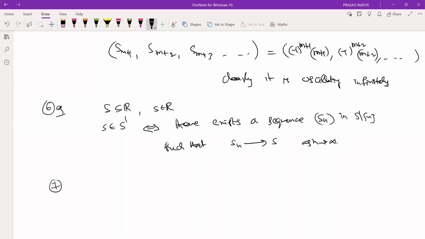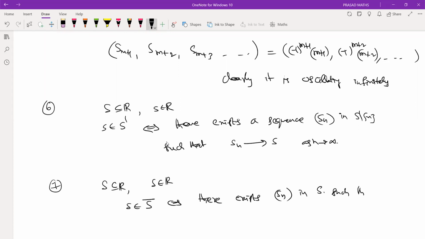Right? Seventh one. Suppose S is a subset of R, and x is a point in R. x is in the closure of S if and only if there exists a sequence Sn in S such that Sn converges to x.